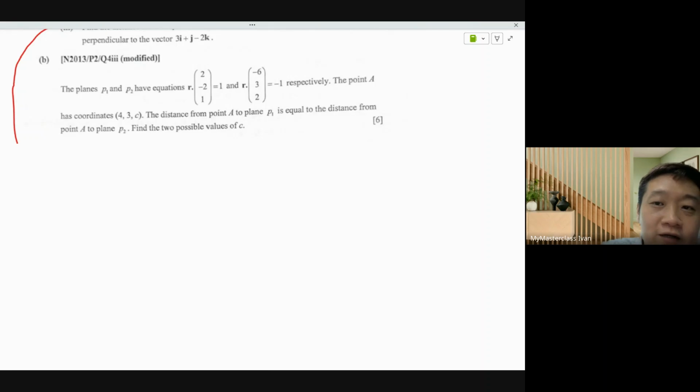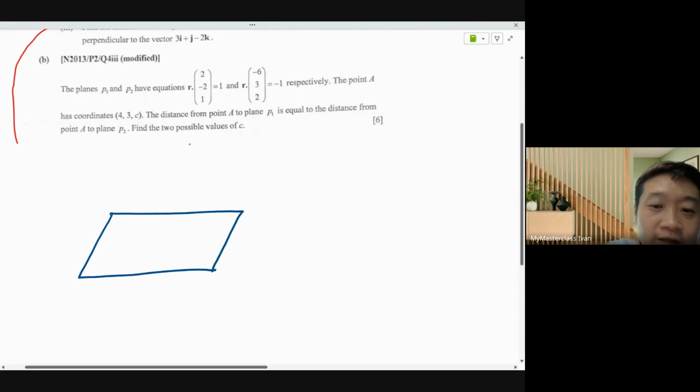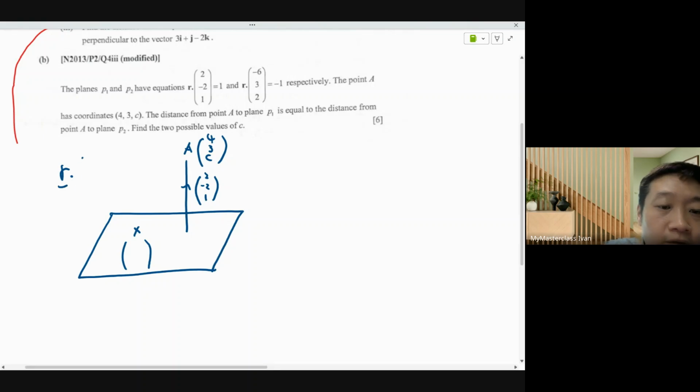Maybe to make things easier, you can do it on two separate diagrams. For example, A is here, which is 4, 3, c. Then I have 2, minus 2, 1. You need a random point. So this guy is r dot 2, minus 2, 1 equals 1. I know that the point 0, 0, 1 is the best.